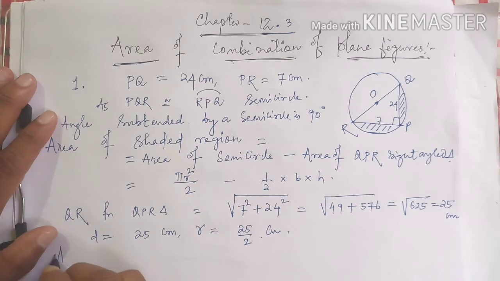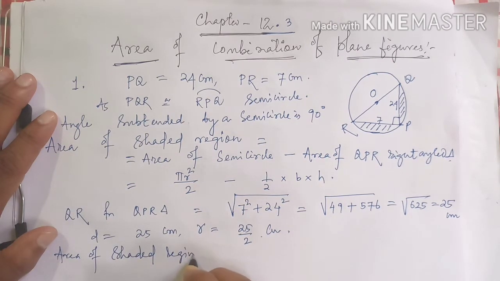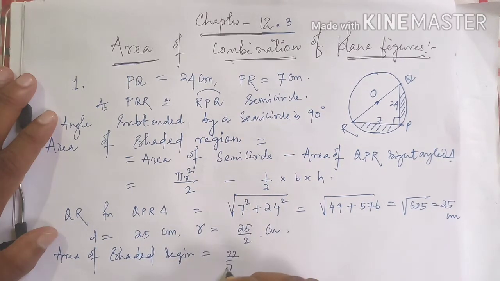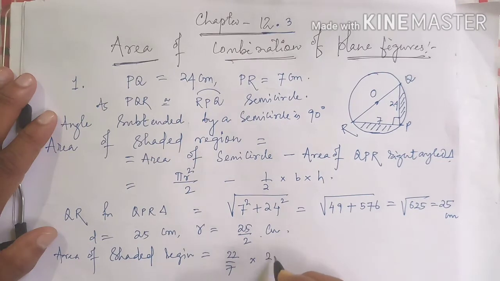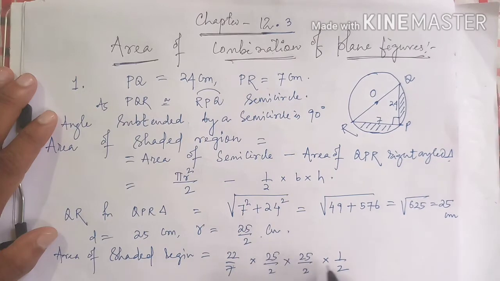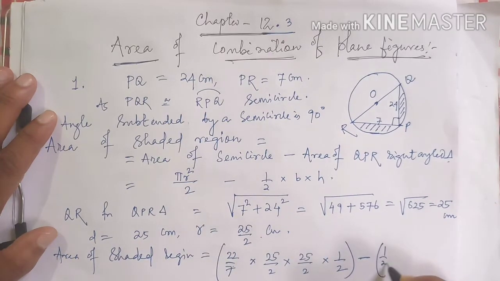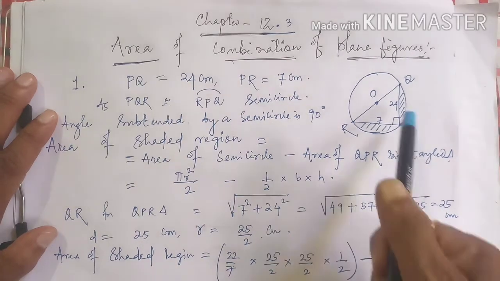Now put this value in the area of shaded region. Area of shaded region equals, if we put 22 by 7 in place of pi, 22 by 7 into r square. R square means 25 by 2 into 25 by 2, into 1 by 2, since pi r square by 2 means into 1 by 2. Are we clear? Minus half into base, which is 7, into height, which is 24.